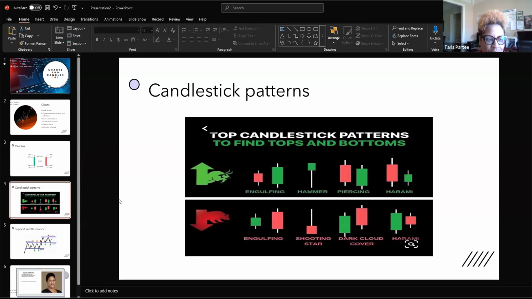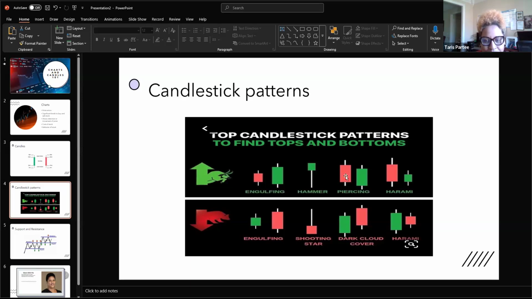Now we're going to discuss candlestick patterns, because it's not enough just to see candles all over the chart. You have to know your candlestick patterns. Now, I personally like these 4 candlestick patterns because they're easily identified, and I like them.